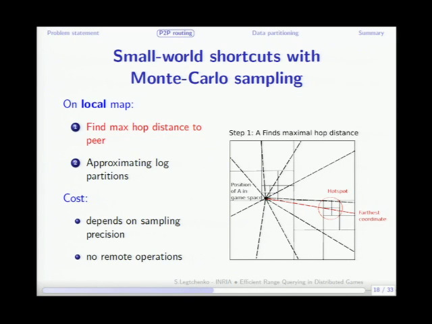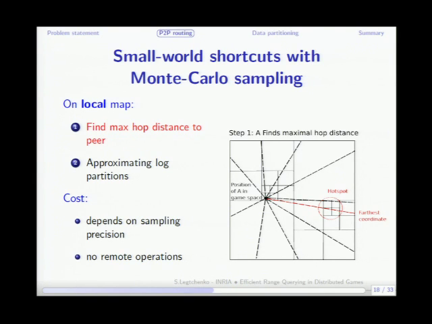Finally, it takes the maximum as the farthest coordinate from the peer inside the game space. Here, the farthest coordinate is considered to be here because the peer has found that there is a big hotspot located between the position of A and the coordinate, which means that there will be a lot of hops to reach this coordinate.